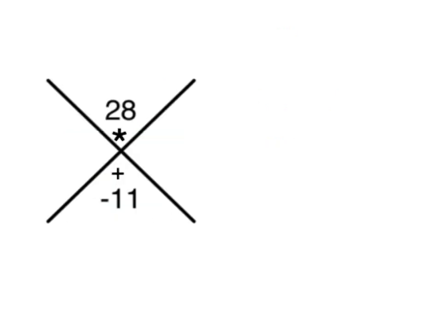All right, my next one's 28 and negative 11. So I'm looking for two things that multiply to 28. I know we have 1 times 28. I know 2 times 14 gives me 28. If I do 28 divided by 3, I feel like that is not going to give me an answer. It's not. I get 9.3.